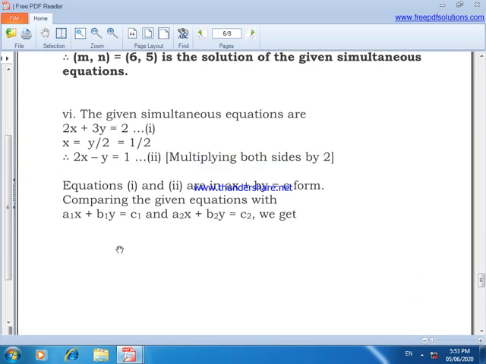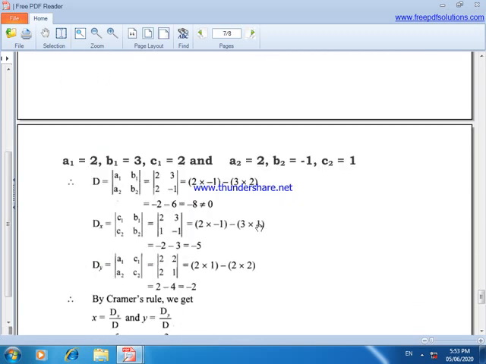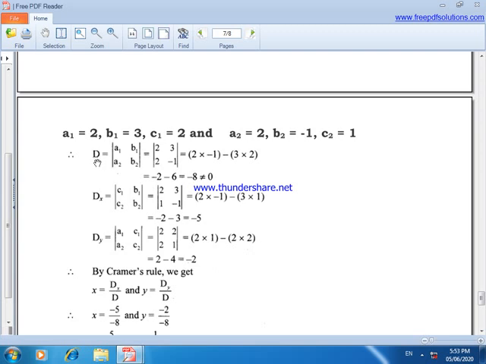Now comparing these equations with a1x + b1y = c1, a2x + b2y = c2, we get a1 is 2, b1 is 3, c1 is 2, a2 is 2, b2 is minus 1, c2 is 1. The value of D = |a1 b1; a2 b2| = |2 3; 2 -1| = 2 into minus 1 minus 3 into 2. 2 into minus 1 is minus 2, 3 2s are 6, so minus 2 minus 6 is equal to minus 8.